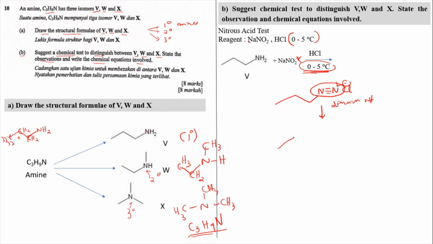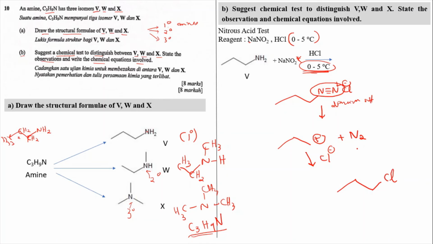What they're going to produce is the formation of carbocation as well as nitrogen gas. When there is a carbocation, this carbocation can react with a chloride ion, and this is going to produce haloalkane.